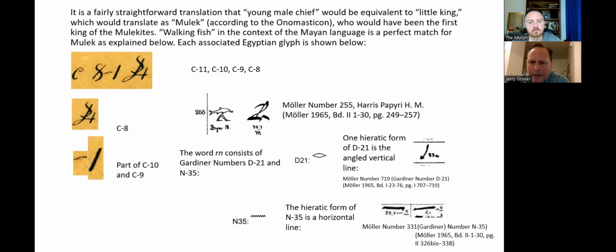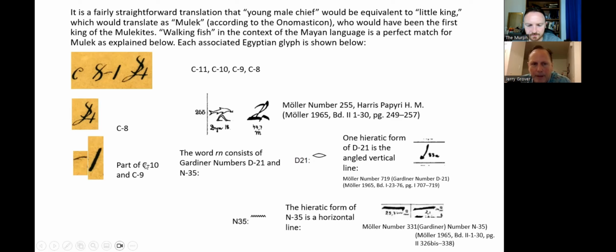Interestingly enough, so in the Egyptian, I told you the meanings on the previous slide. Now I'm showing you the glyphs, right? So your C8 matches this. Again, it's slightly different, but it's the walking fish.